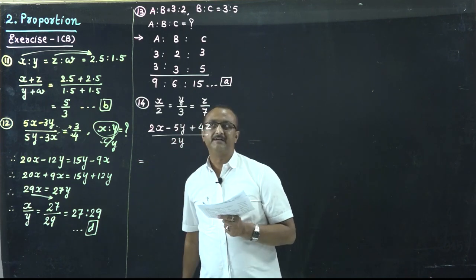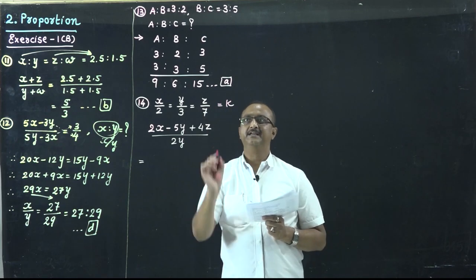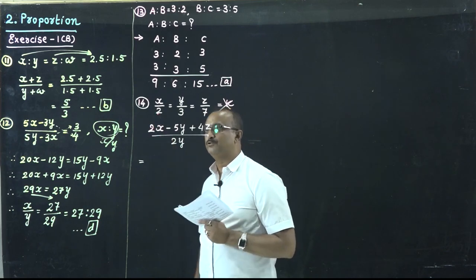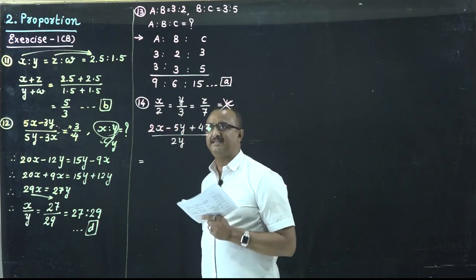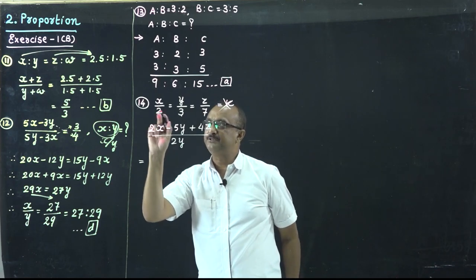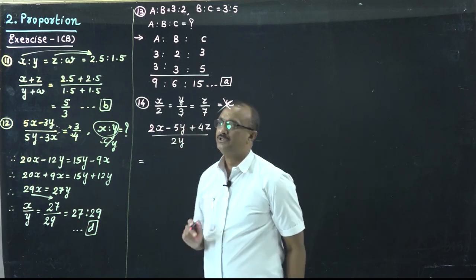Okay. તો આપણે અગાઉ શું શીખ્યા હતા કે we can suppose it is equal to k, but instead of doing this we are taking x equal to 2, y equal to 3 and z equal to 7. Now substitute x equal to 2, y equal to 3 and z equal to 7.